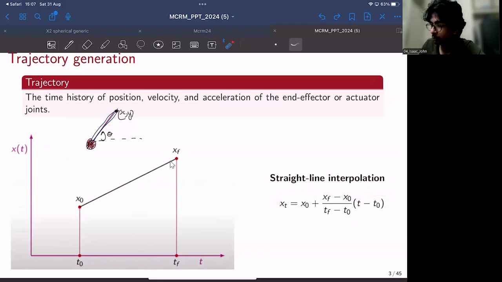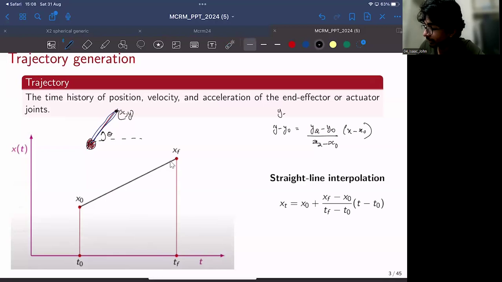We are very familiar with the straight line equation: y minus y0 equals y2 minus y0 over x2 minus x0, multiplied by x minus x0. This is exactly a straight line equation, y minus y0 is the slope times x minus x0.